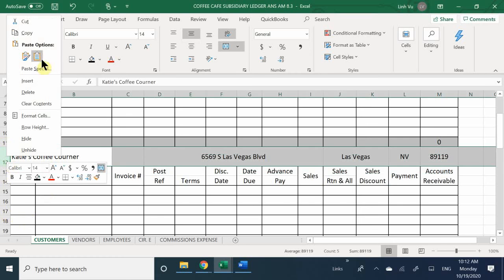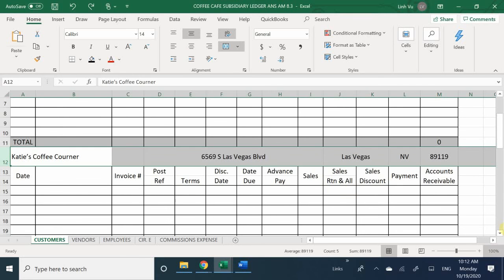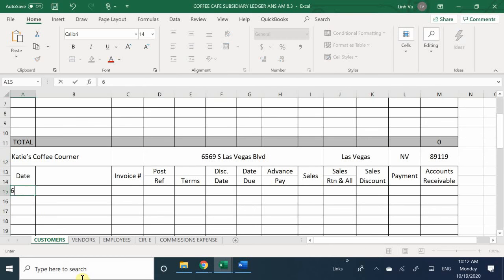I'm going to space it out just real quick. Oh, okay, so Katie's Coffee Corner. So how do I fill out Katie's Coffee Corner? What's my notes going to be?